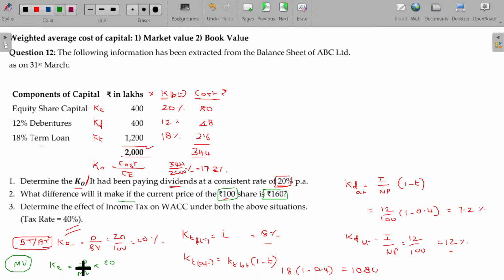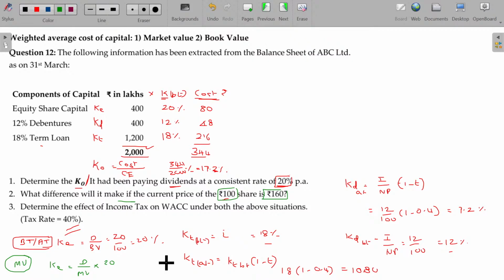The company always pays 20 rupees dividend per 100 rupees of face value. They never bother about the market value. When the company announces the dividend percentage, it is always applicable on the face value. Face value is nothing but the book value excluding the reserves and surplus. And for the investors, for a 10 rupees share, he may pay around 50 or 70 rupees, whatever the rate may be. The dividend declared by the company remains the same.